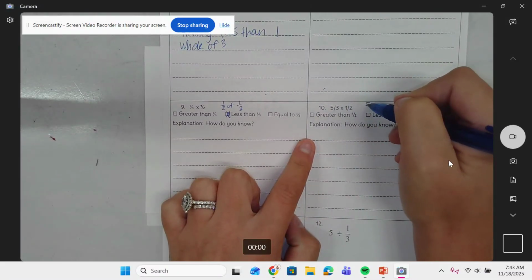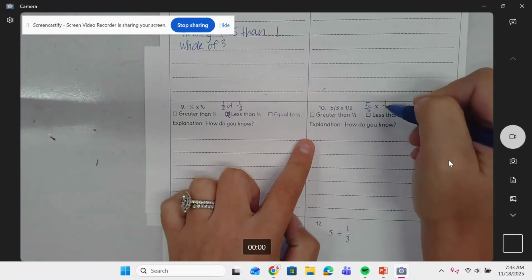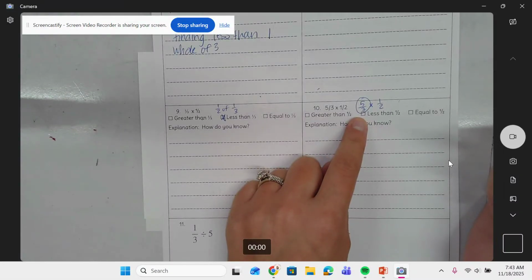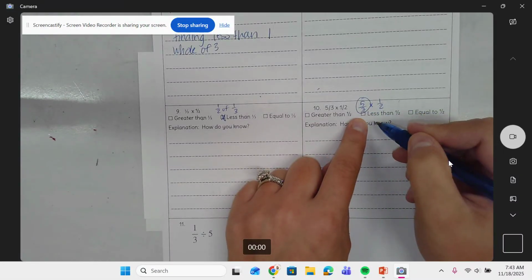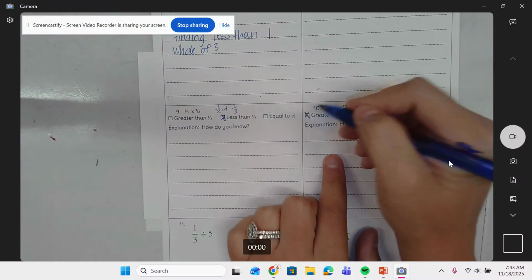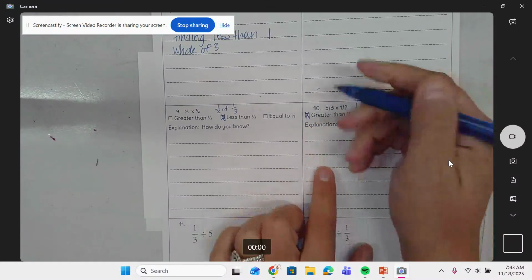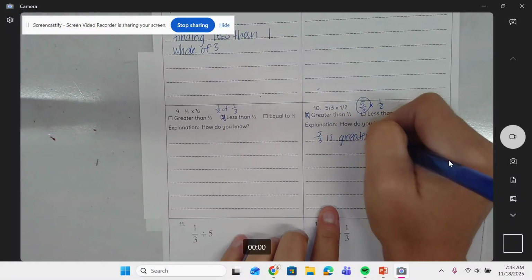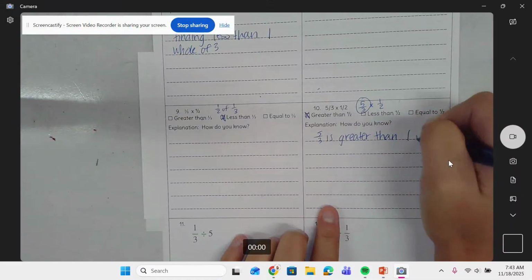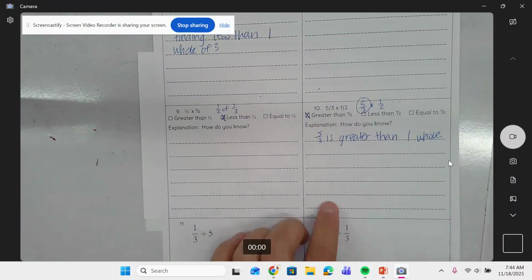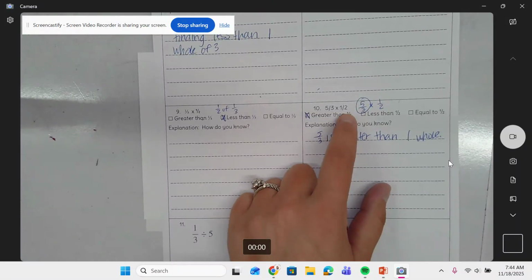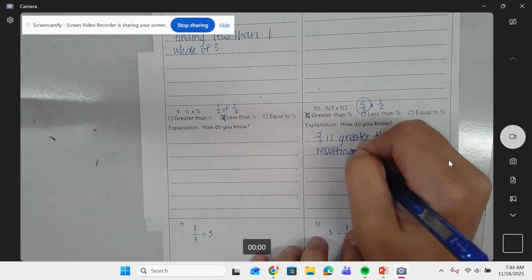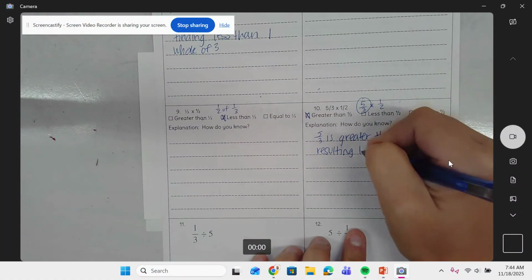You have 5/3 times 1/2. We know 5/3 is greater than 1/2, meaning the product is going to result in something greater than 1/2. And when you multiply something greater than 1/2 by a fraction, it's going to result in something larger than 1/2.